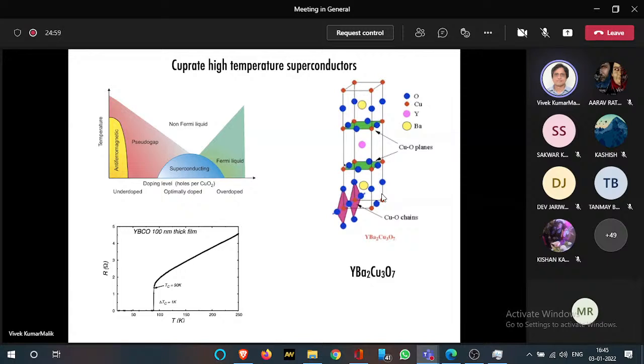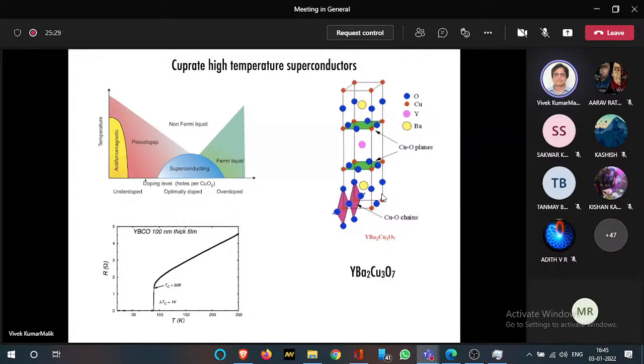In some other superconductors, doping is done by putting lanthanum versus barium, because lanthanum is 3+ and barium is 2+. That way you can dope it, but in this YBCO it is done by O7, putting in some extra oxygen. If you have O6, then the oxygen atoms along the Z-axis are not there. So the doping is 0, the undoped part, and it is an antiferromagnetic material.